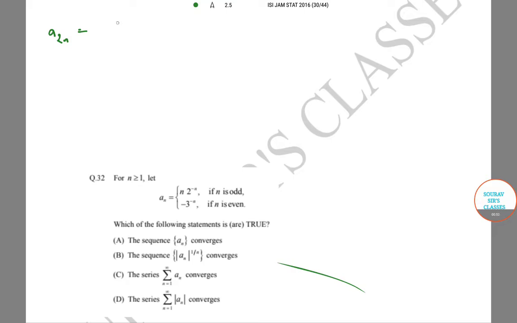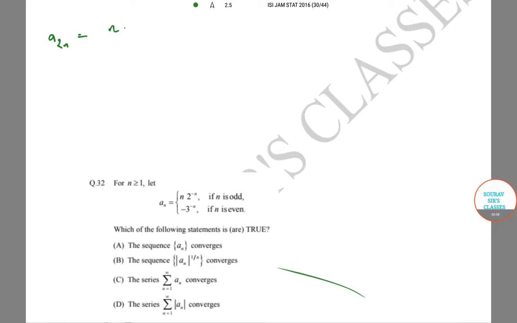a_2n gives us minus 3 to the power minus 2n, which is equal to minus 1 by 3 to the power 2n. As n goes to infinity, this goes to 0. And a_(2n minus 1) is equal to n times 2 to the power minus (2n minus 1).